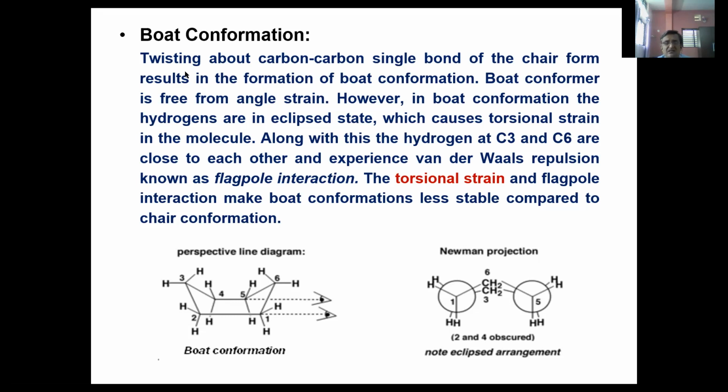That's why you can see here, twisting about the carbon-carbon single bond of the chair form results in the formation of the boat conformation. The boat conformer is free from angle strain, because the angle strain remains the same. However, in the boat conformation, the hydrogens are in an eclipsed state, which causes a torsional strain in the molecule.